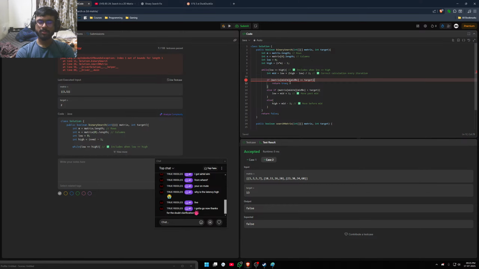High is also equal to 1. Now what's the mid here? Again, what's the mid? Low plus high, which is 1 plus 1 by 2, is 1.